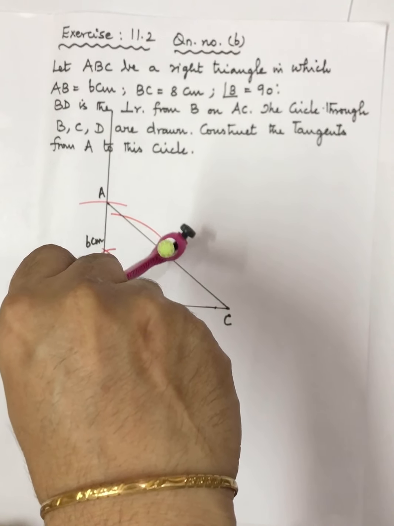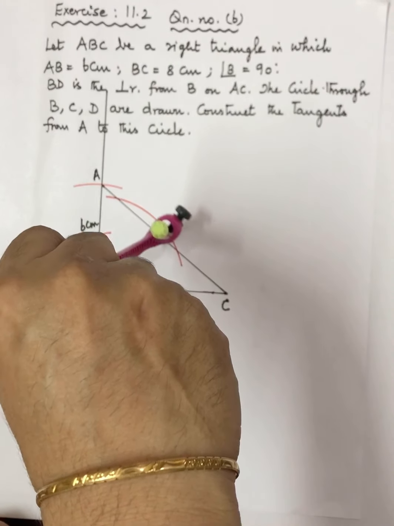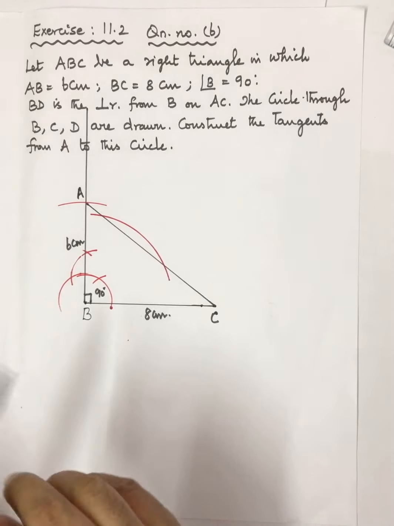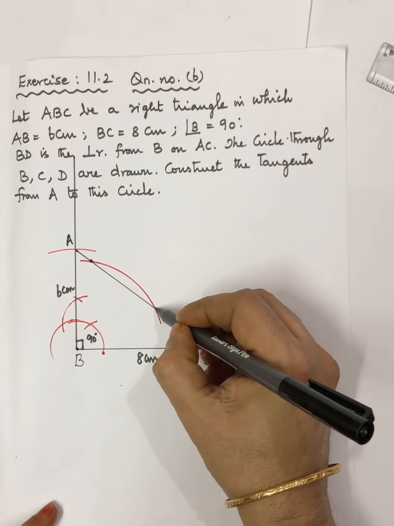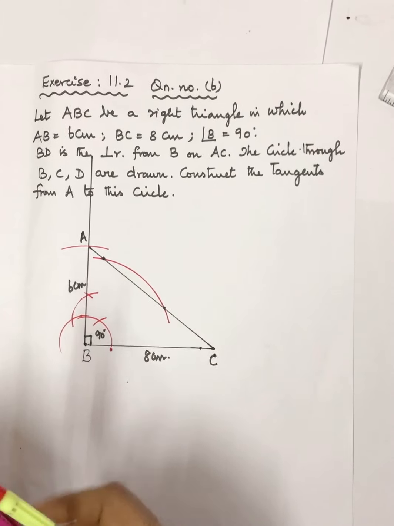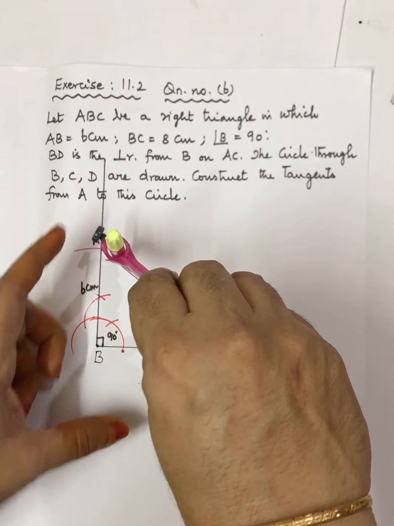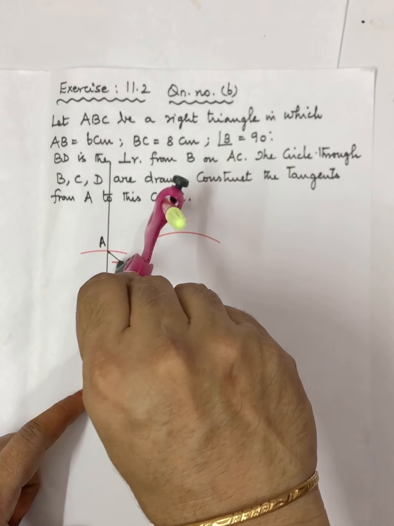You cut an arc like this, a little away, cutting the hypotenuse. This arc cuts the hypotenuse at 2 places. Now, for this line segment, draw the perpendicular bisector.